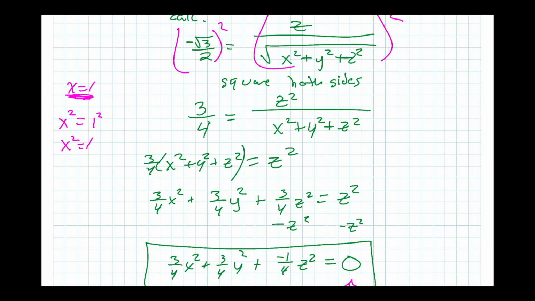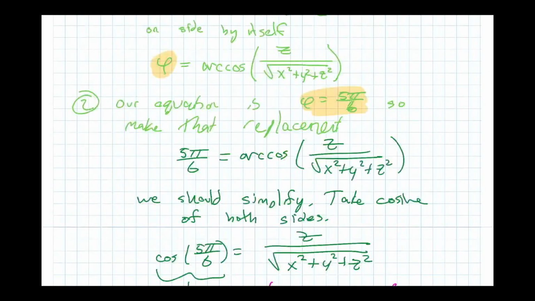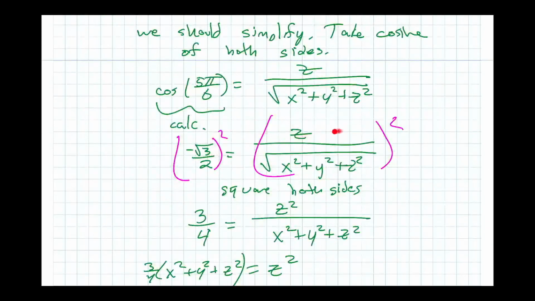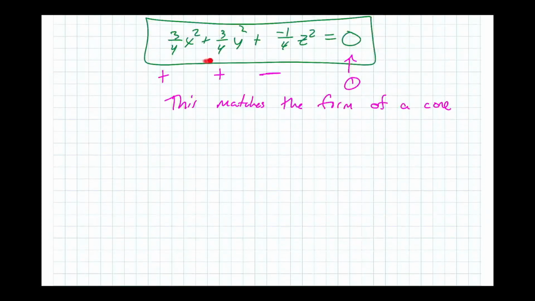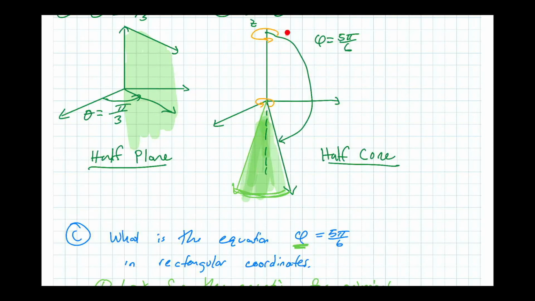X squared equals 1 is an equation with two solutions. So this has one solution. You square it, now this has two solutions. And that same thing happened here. The original equation was only the bottom part of the cone, but after you square it, you end up with a new equation, and that equation is the one that had the cone down here, but also up here.